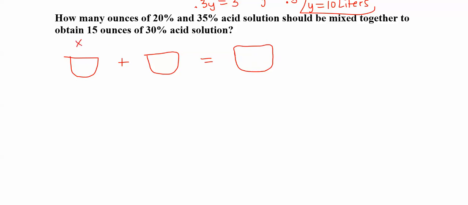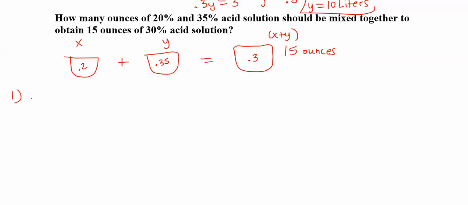So I have x ounces plus y ounces is equal to my total x plus y ounces, and I have 0.2 or 20%, 0.35 or 35%, and I want to mix that together to obtain 15 ounces total of a 30%, so 0.3.